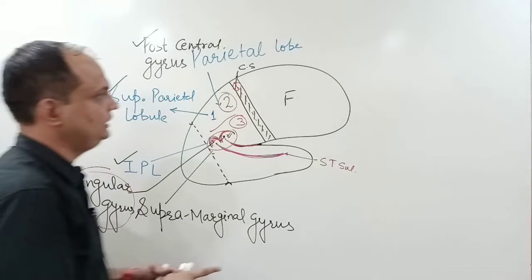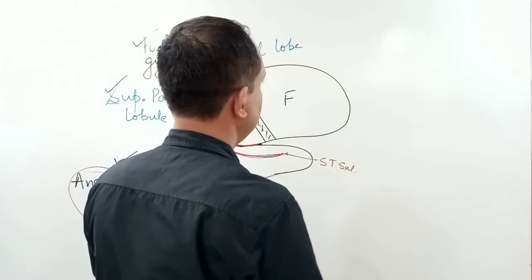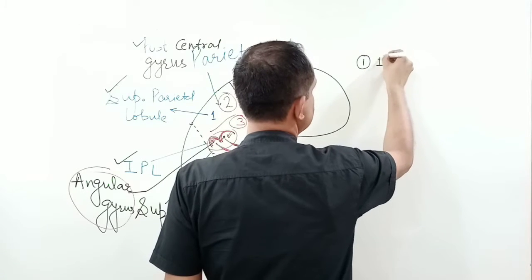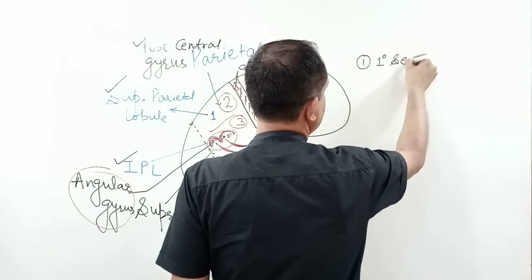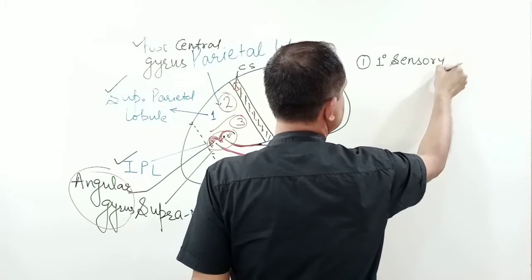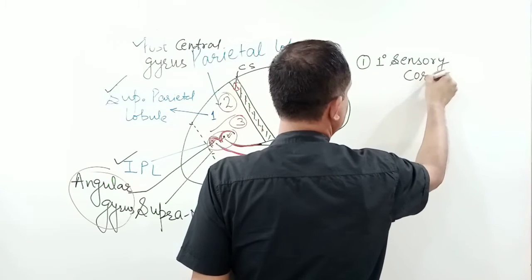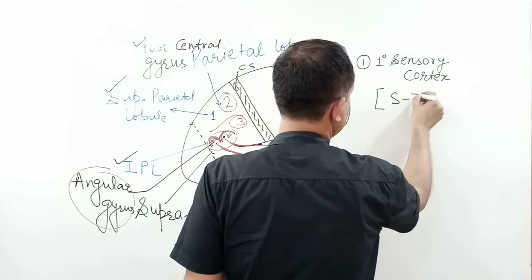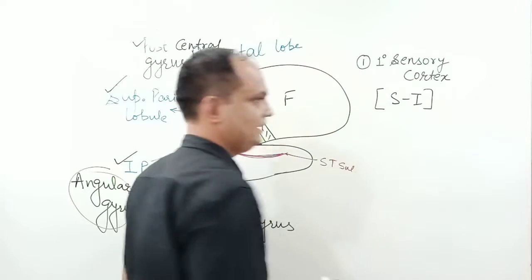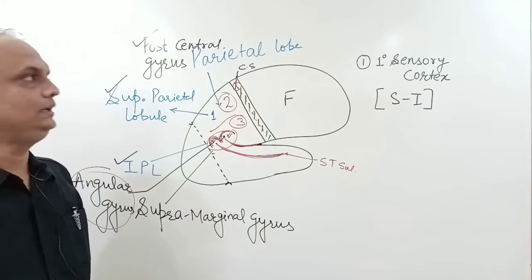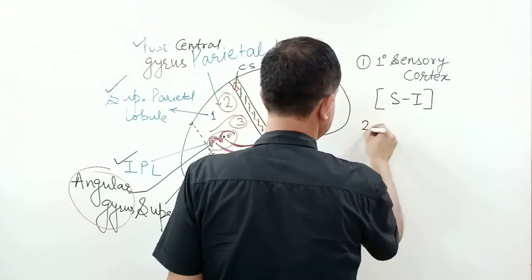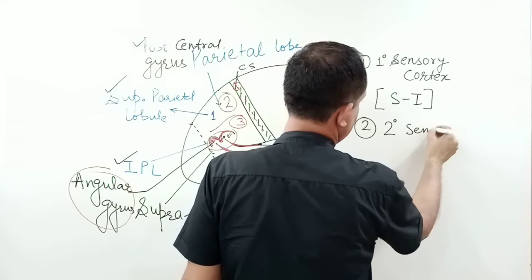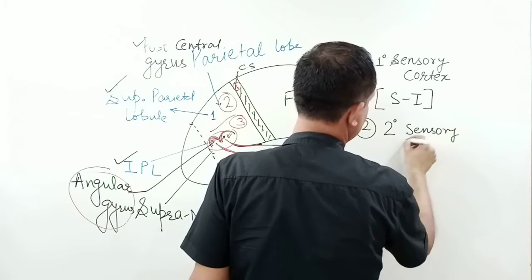Now what are the functional areas we are going to see here? The first and most important functional area is the primary sensory cortex, also known as area S1, or the primary somatosensory area.